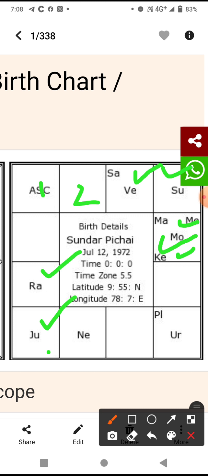Rahu is in the 11th house. What is Rahu? Rahu is a driving force. Rahu is the reason for your present birth. In the previous birth, whichever desires you did not complete, you are born to fulfill them. So that is the 11th house.